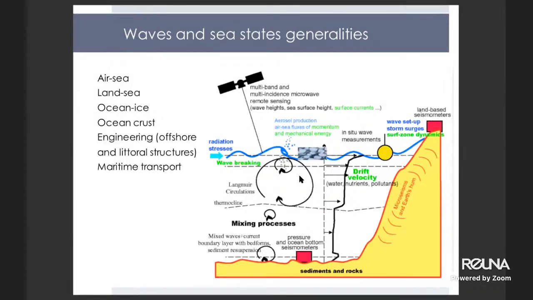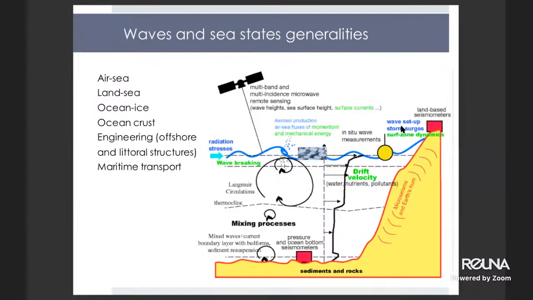We can also see some interactions, which are represented with air-sea fluxes or with sea ice, for example. And this sketch also represents numerous interactions of waves when approaching the coast, notably with land and with the water column in the coastal zone.